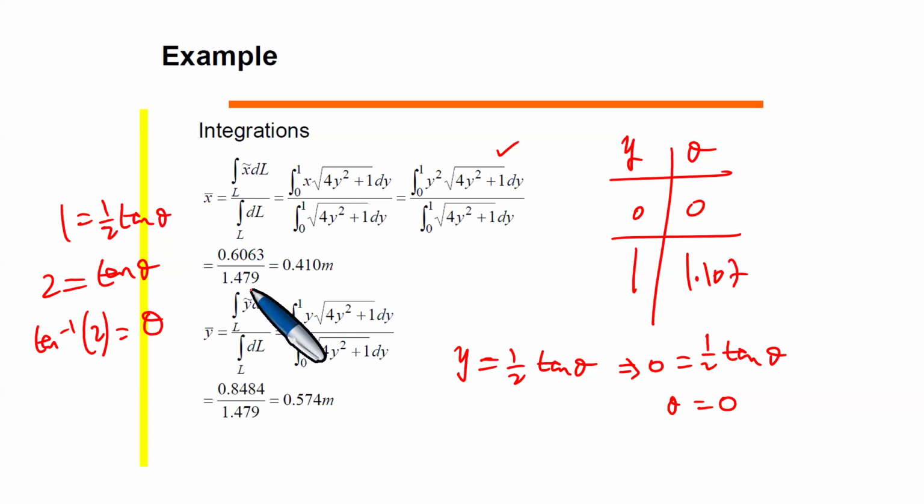Also we did the bottom, so in the end the result is 0.410. The bottom is the same, it's 1.479, and the top we did last time by substitution to get this, and therefore this becomes a result. So this would be by and large the centroid of a rod.